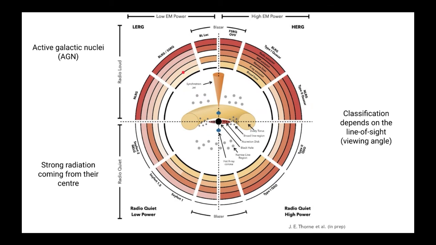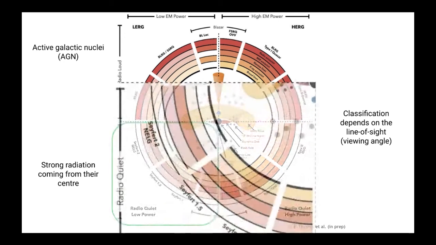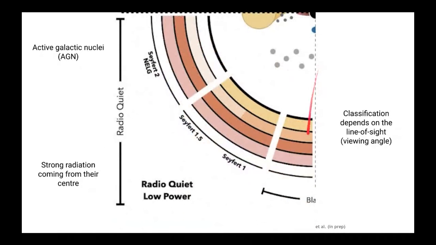For example, when you look from the face-on, I mean, when you look directly at the black hole of the galaxy, these galaxies are going to be classified as Seyfert 1 galaxies, while when you look at the edge-on view, these galaxies are going to be classified as Seyfert 2. And there are also different types between 1 and 2.